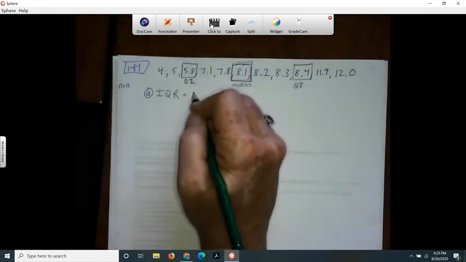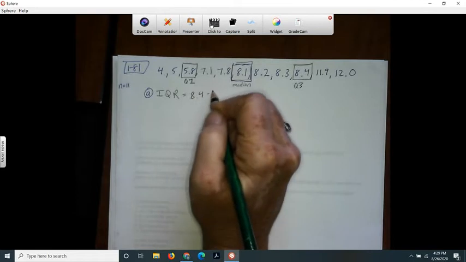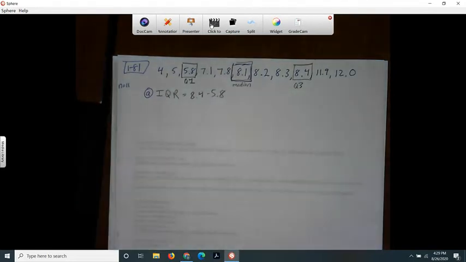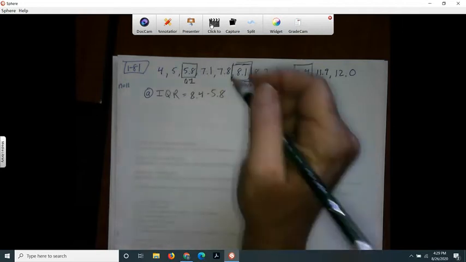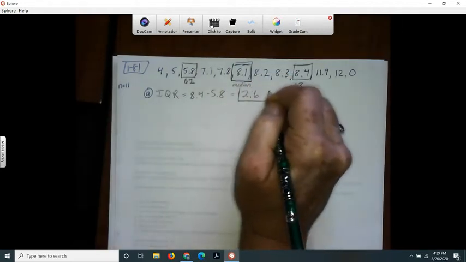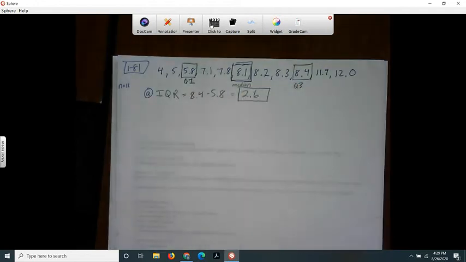So it's going to be 8.4 minus 5.8, which I'm just going to cheat and use my calculator. I got 2.6. That is my interquartile range. Okay, so it asked me for that on letter A.